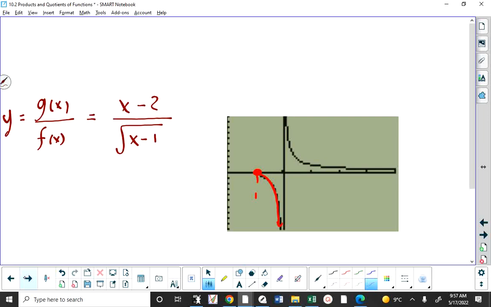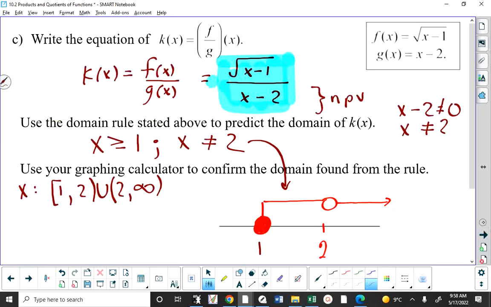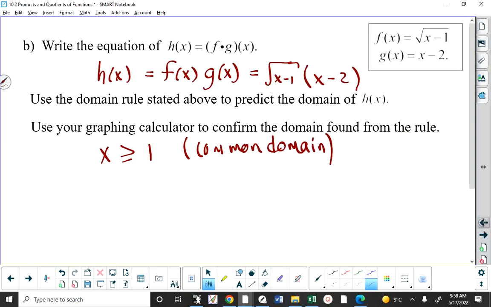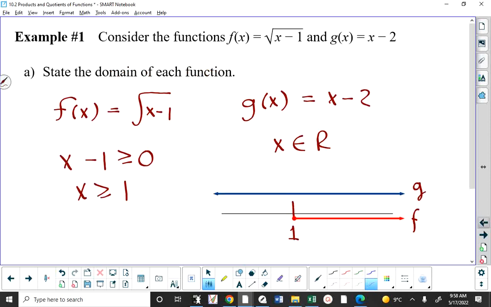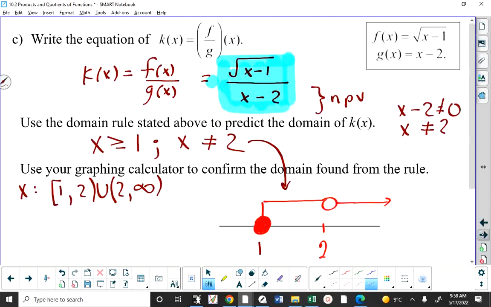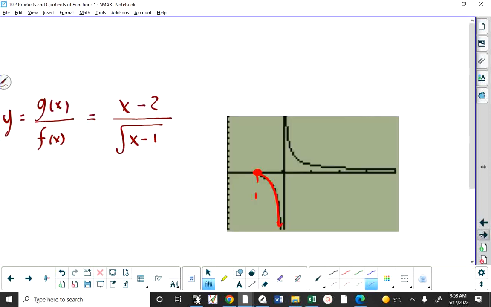I don't know yet, but what I'm interested in here is the domain. So what is the common domain to these functions? Well, we've already established back here that the common domain is x is greater than or equal to 1, right? So if I said to you, what is the domain of g over f, you would start by saying x is greater than or equal to 1.